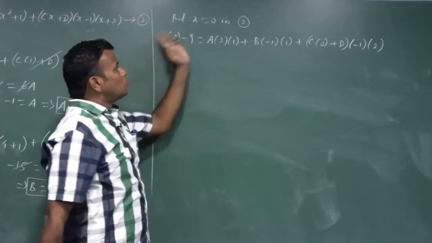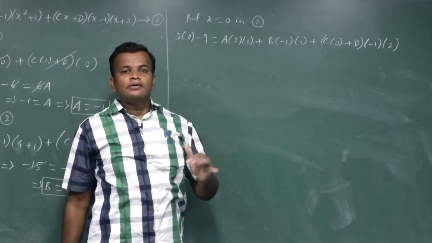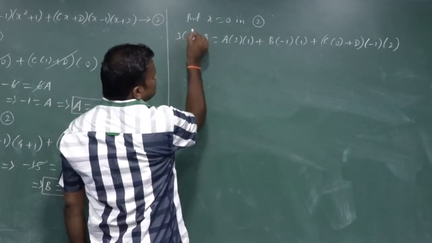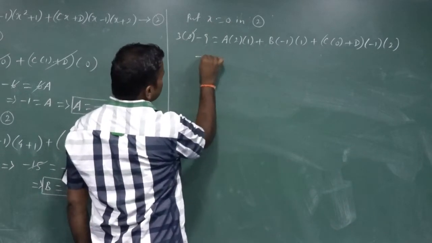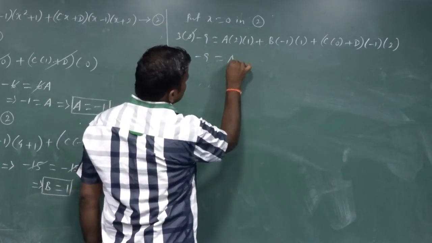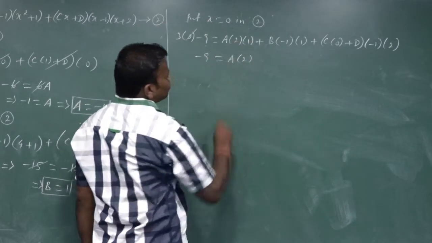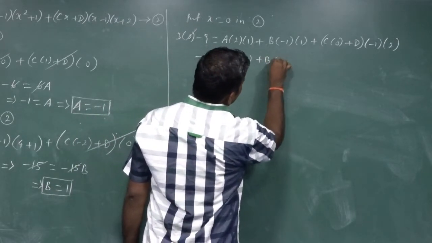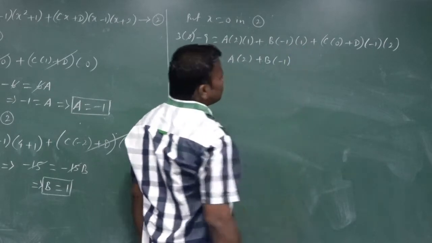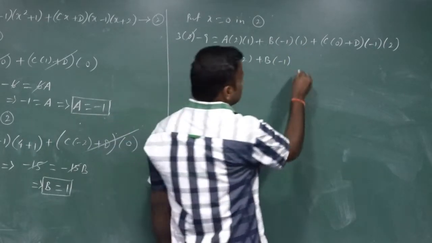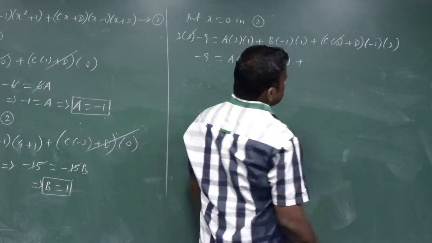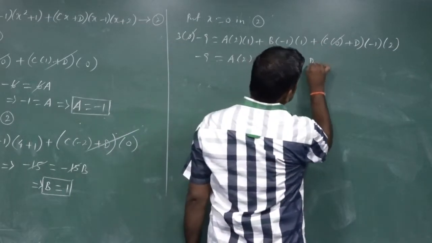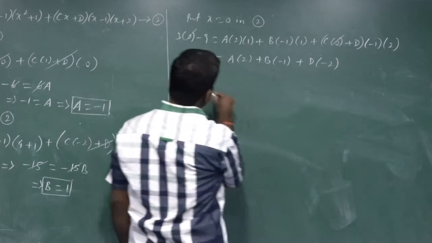So in equation 2, whenever x is there, we replace x by 0. So 3 into 0 is 0. So minus 9 is equal to a of 2 ones are 2, plus b of minus 1 into 1 is minus 1, plus 0 always, because c into 0 is 0, plus d of minus 2.